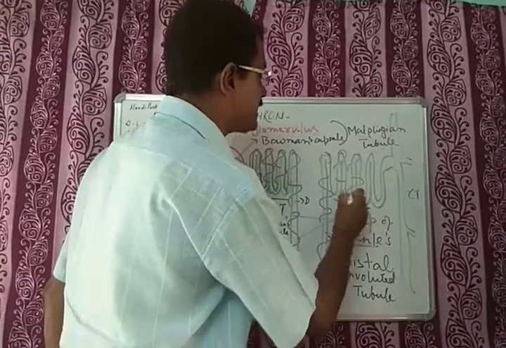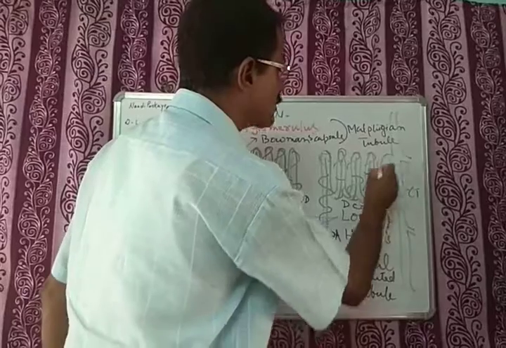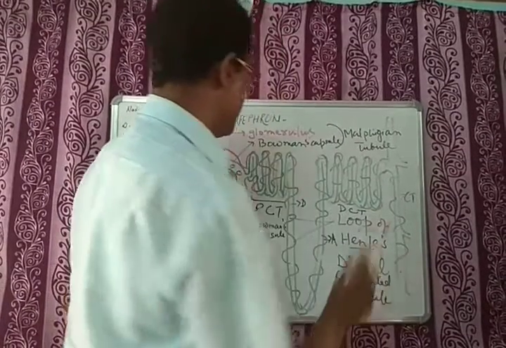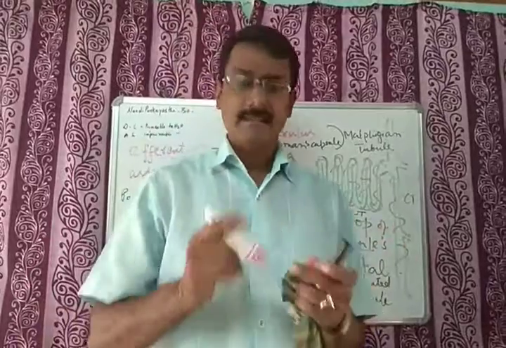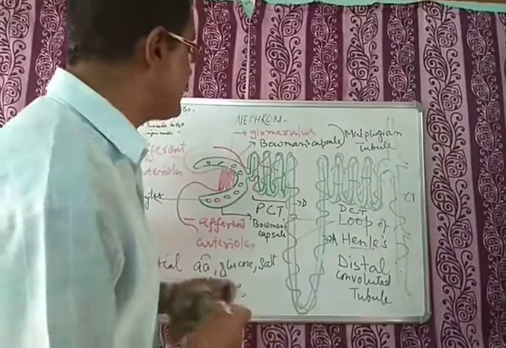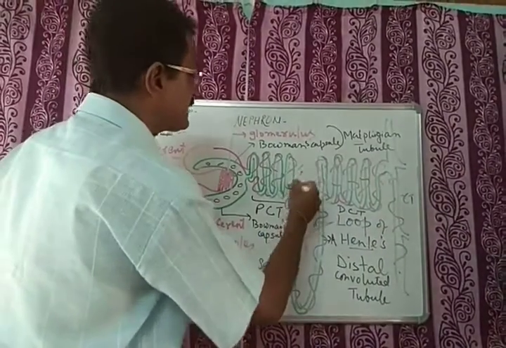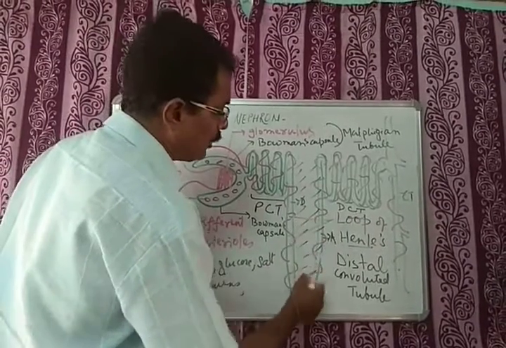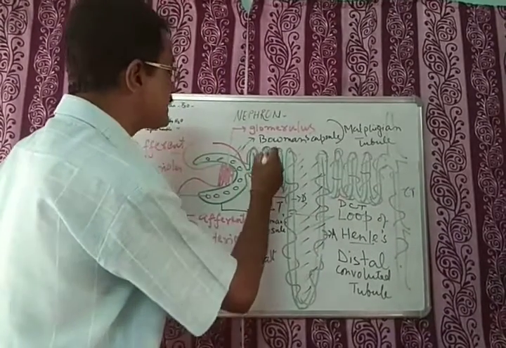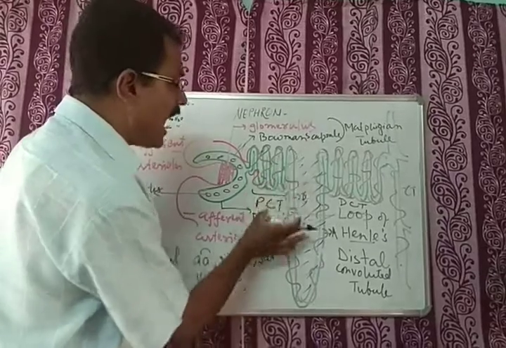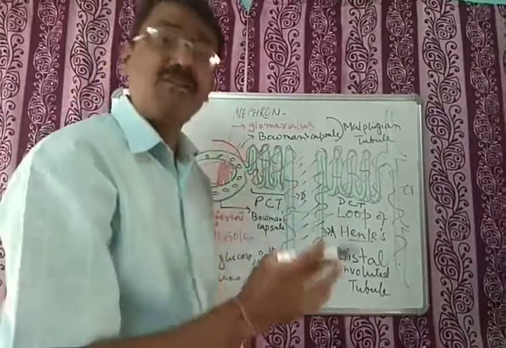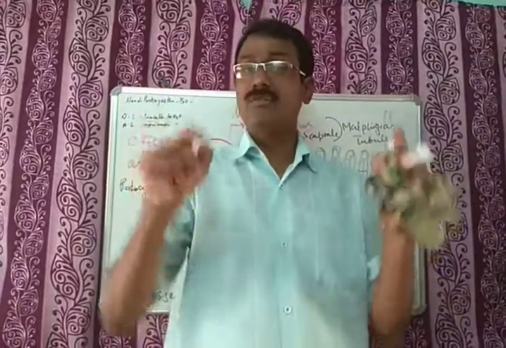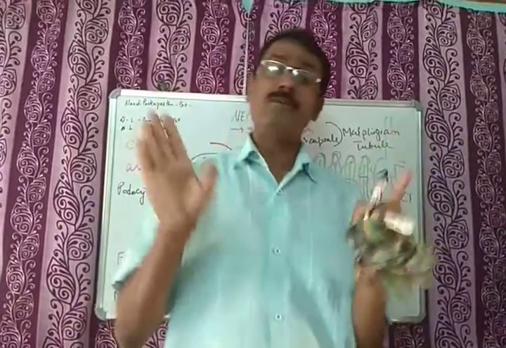Whatever materials are absorbed are passed to the blood capillaries. Another thing that remains side by side is the tissue fluid, which occurs just around the nephron.